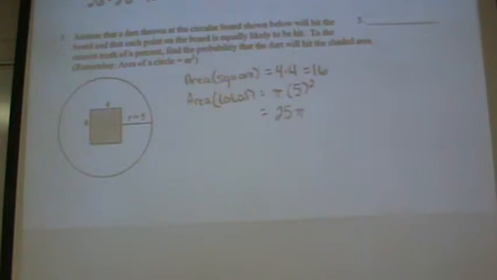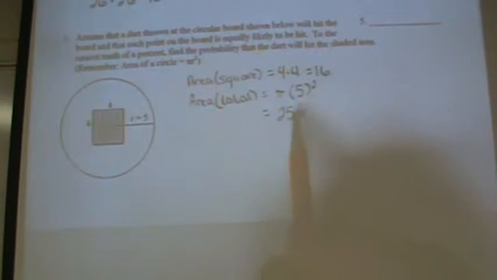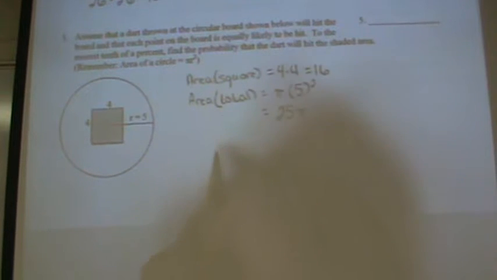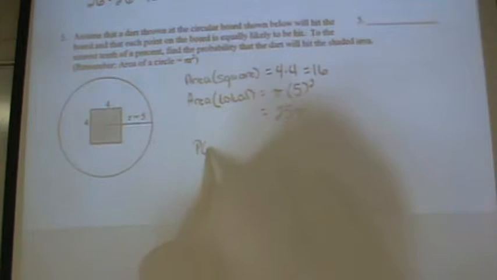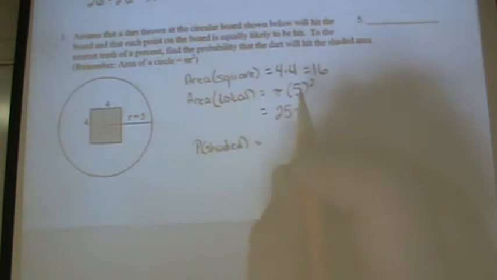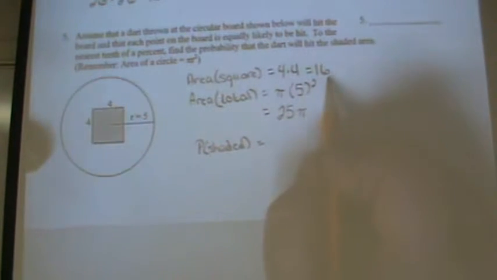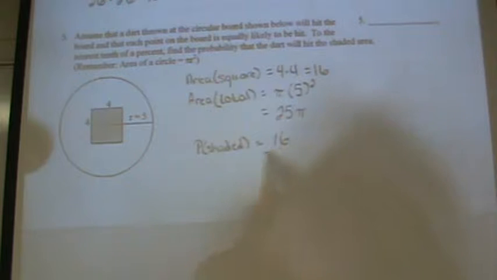So now to find the geometric probability that it'll hit the shaded area, you take your area that you're interested in, or the area you want it to hit, and divide by the total area. So probability of hitting the shaded area equals the shaded area, which was 16, divided by the total area, which was your 25 pi.